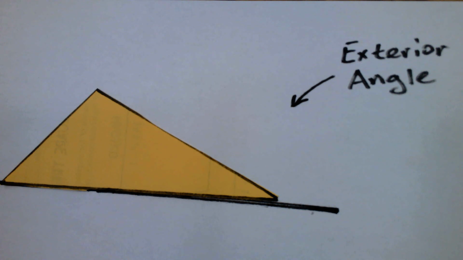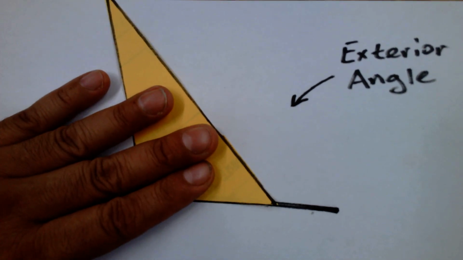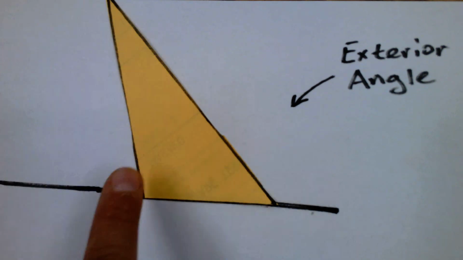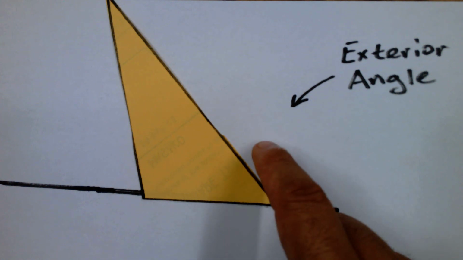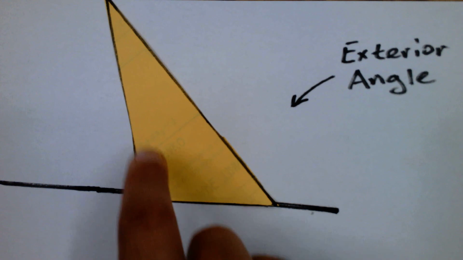And there's a reason I want you to understand that. So these are my two remote interior angles. But I could just change it real easily like this. There's my triangle. These two are my remote interior angles, and this one's adjacent to the exterior. So it's always: what's the relationship to this outside angle that we're looking at?